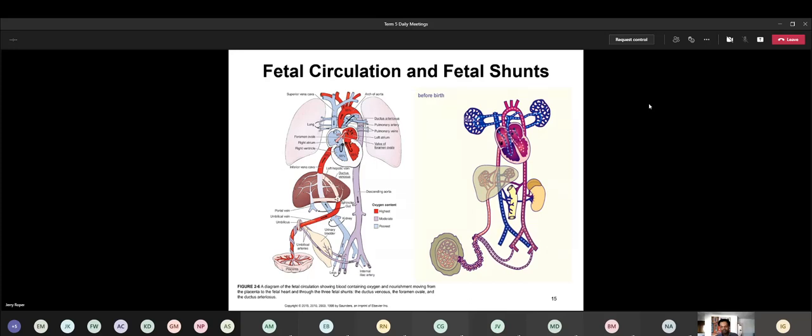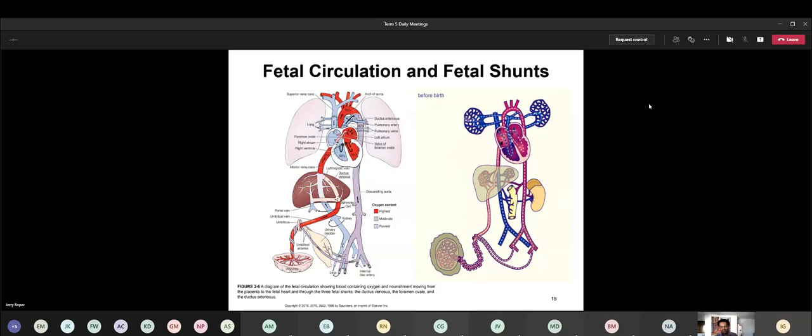So we're going to bypass the liver. But you're mixing with the blood. This is all blue because this is deoxygenated blood that's coming from the fetus's lower extremities. And then those two are going to get mixed together. So then we have it. So we're down to about 70%.